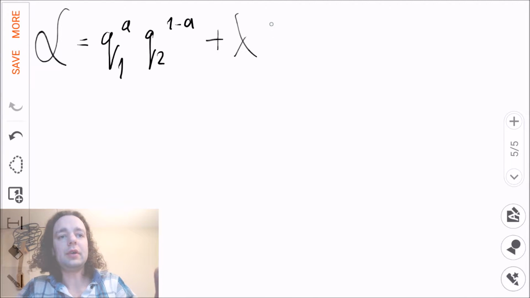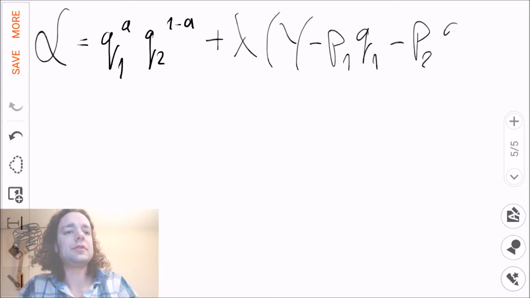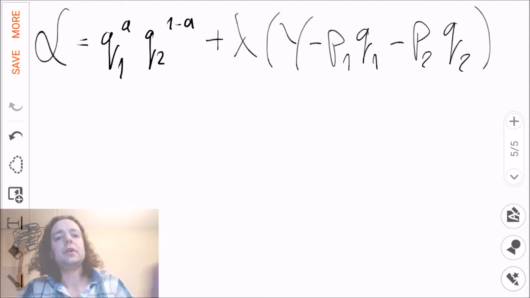Lambda is the sign normally used for designating the budget. And here we get our income of, what was her name? Julia. And it consists, of course, of the price of apples and the price of bananas. Okay, so this is our entire budget constraint.